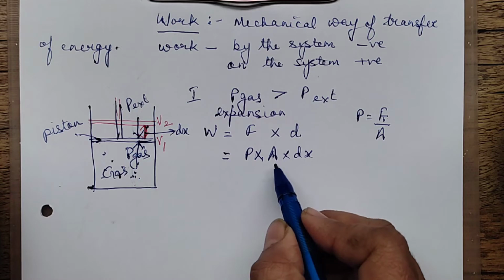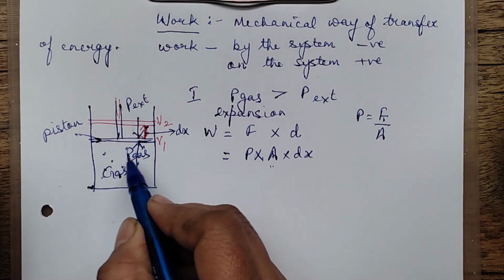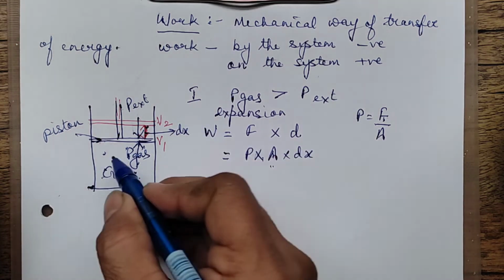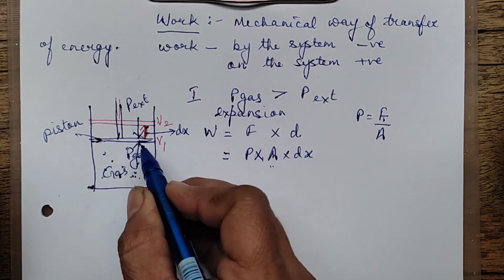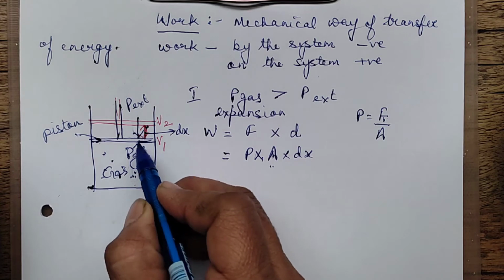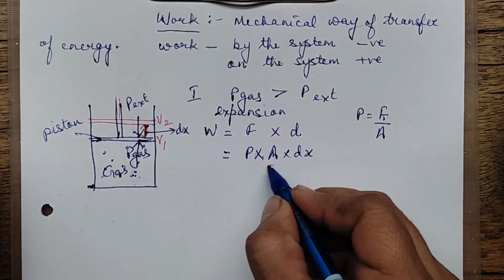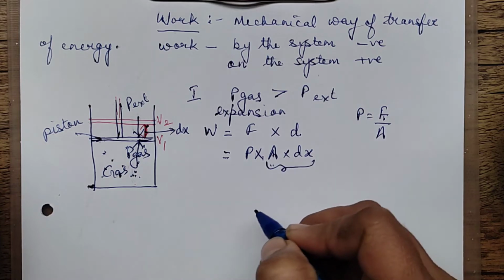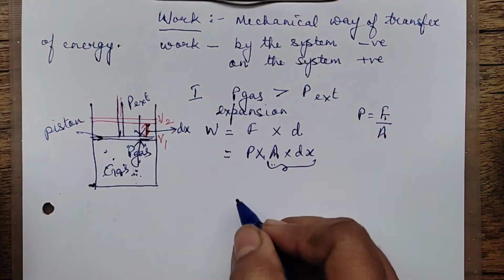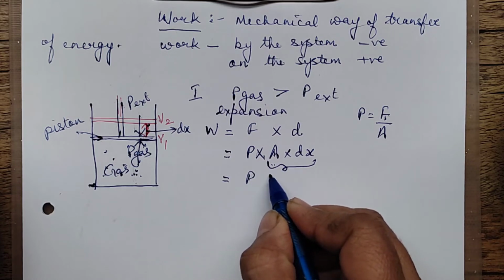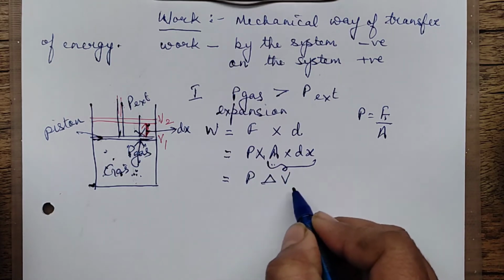Then the area, now it is not flat, it's actually a circular cylinder, the area of the cylinder multiplied by this distance by which it has moved up. This product can be written as the volume. This we can write down as change in the volume. So we can get the formula P into delta V. What is the delta V?